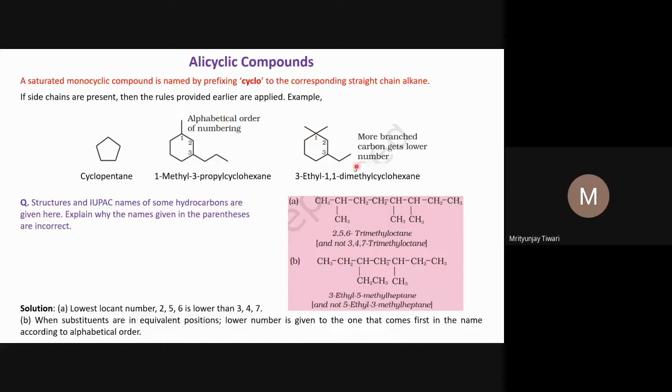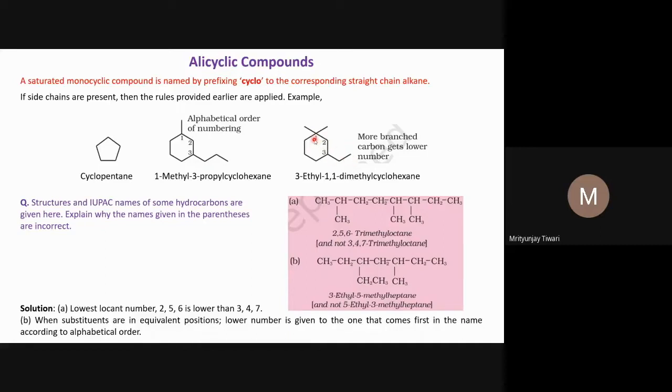1, 2, 3. Although this is ethyl, and if you look at the alphabetical order ethyl comes first, a higher number of branches gets more priority than alphabetical order.